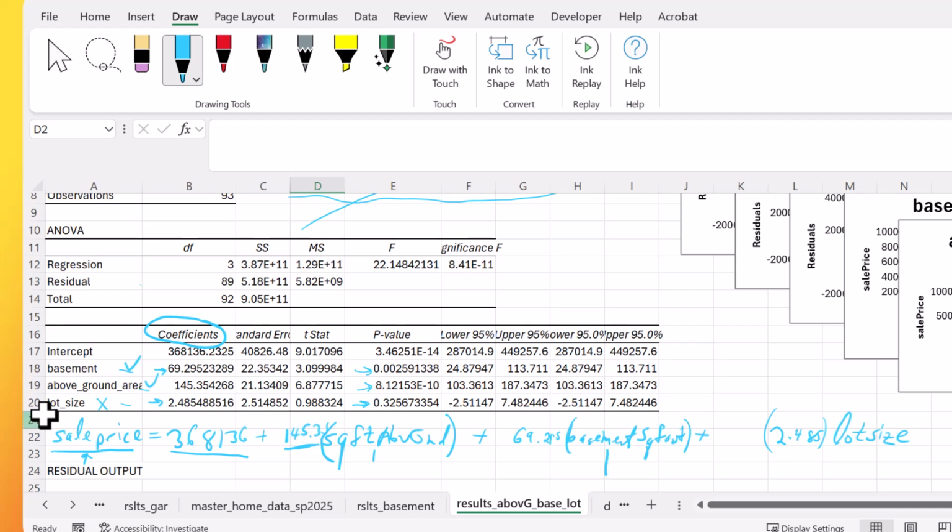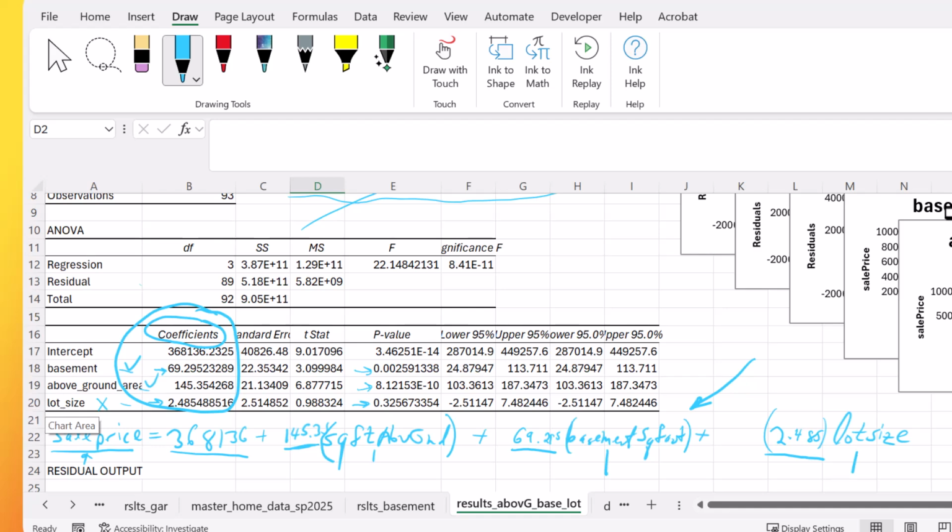For every 1 foot that I increase the basement square footage, I'm going to increase the value of the home by about $69. And every 1 square foot that I increase the lot size, I'm going to increase the value of the home by about $2.49, roughly. This is how I can get my regression equation from the Excel output.